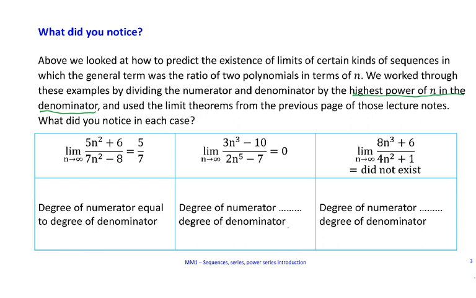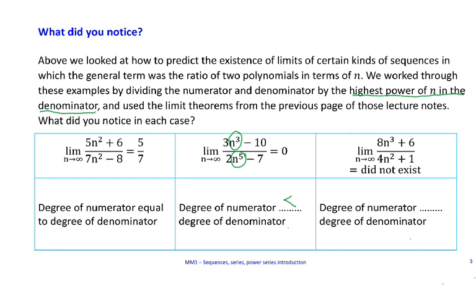So the degree of the numerator equal to the degree of the denominator gave us a nice little limit. But when the degree of the numerator was less than the degree of the denominator, we end up getting 0. So this one has to be less than. Our numerator here is n cubed, and that's n to the 5.